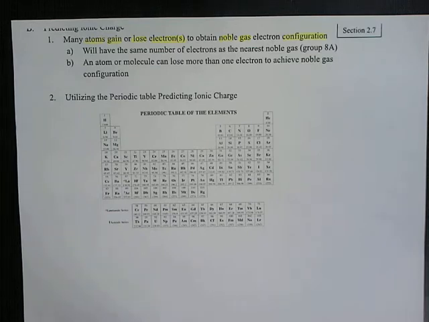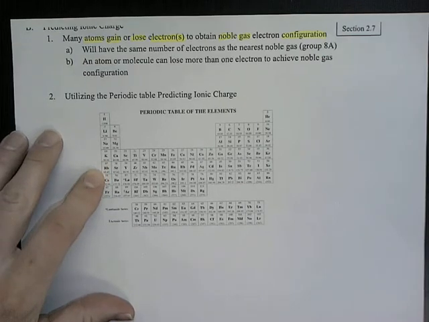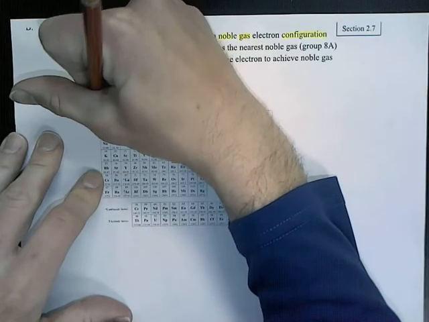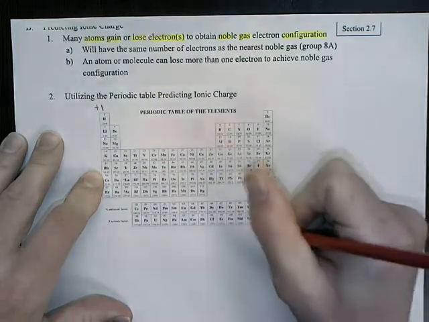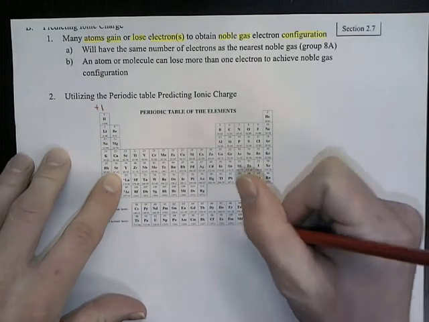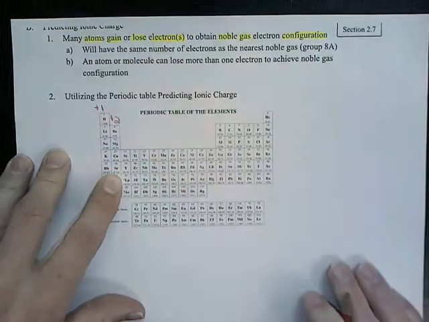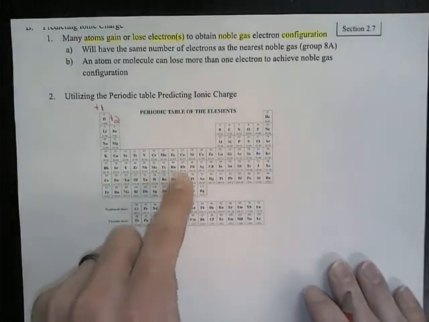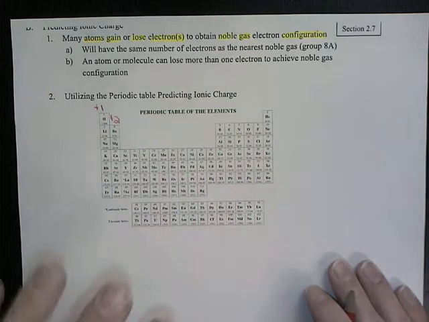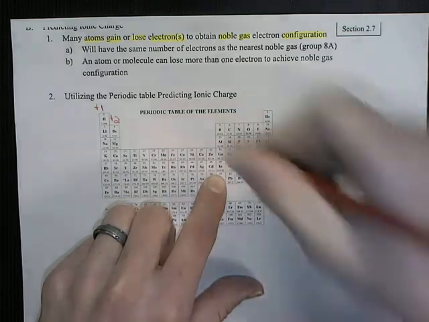There are some exceptions, but anything in this first group will lose one electron and become positively one charged. Now this second group loses 2 electrons and has a +2 charge. Again, our transition and inner transition metals kind of wreak havoc on us. So we skip over and we go to this third group.